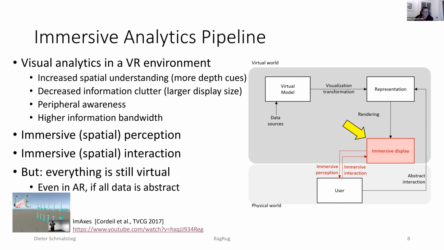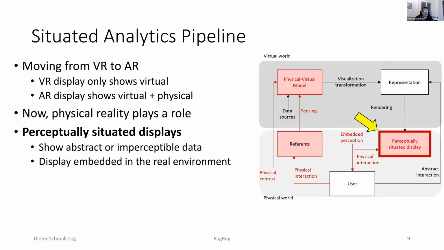And now, if we go to situated analytics, if we draw up a situated analytics pipeline, then several things change. And I'll start with the perceptually situated display. So obviously in AR, we can show the virtual and the physical at the same time. And so suddenly physical reality plays some kind of role.